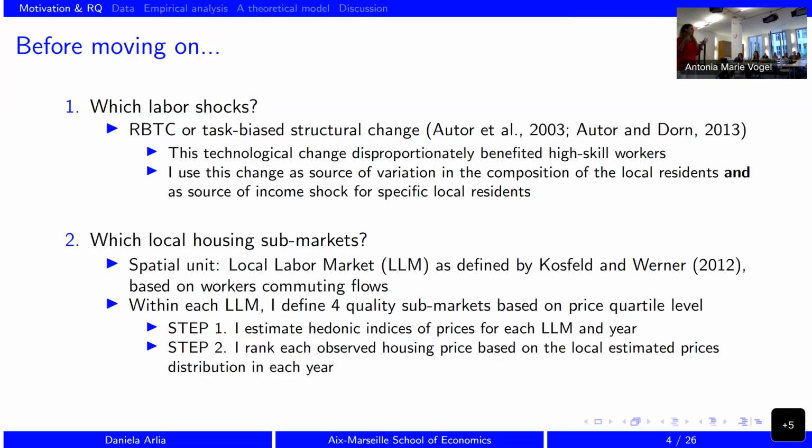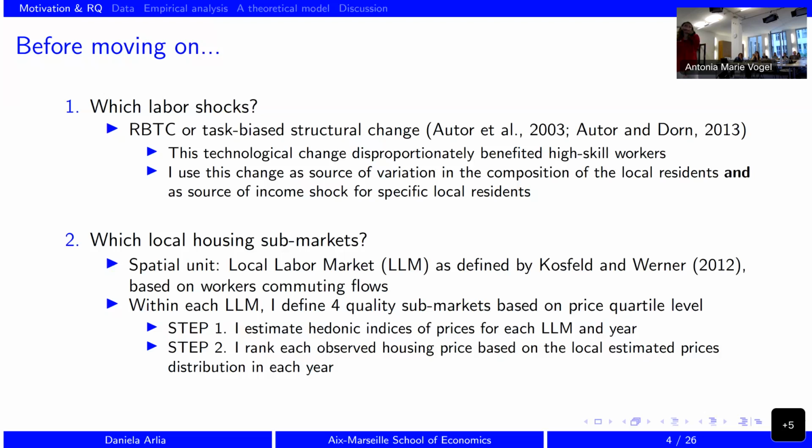So in this context, I have 401 local labor markets, and within each labor market, I define 4 different housing submarkets based on the price rank of each spatial unit in each year.